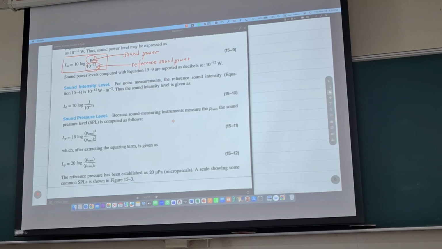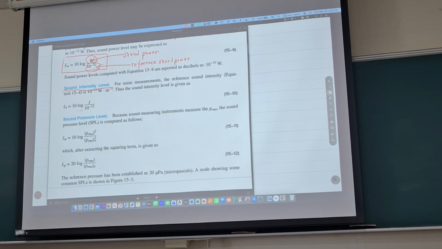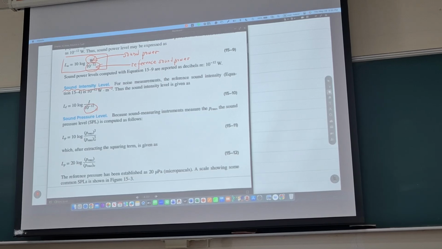And question 15-10, this is the sound intensity level. And this 10 to the negative 12 is the reference sound intensity.